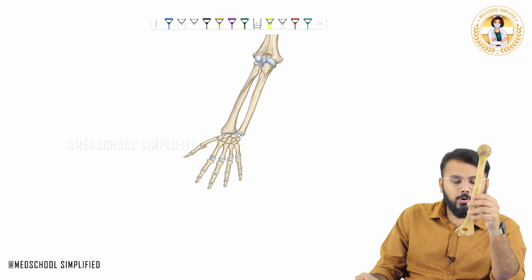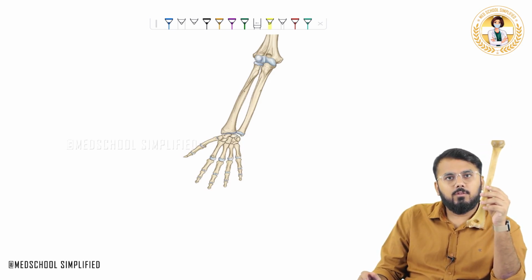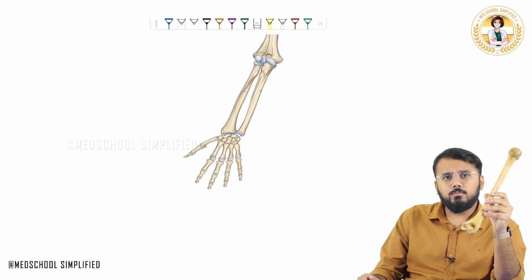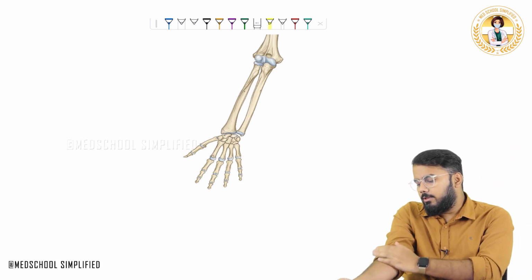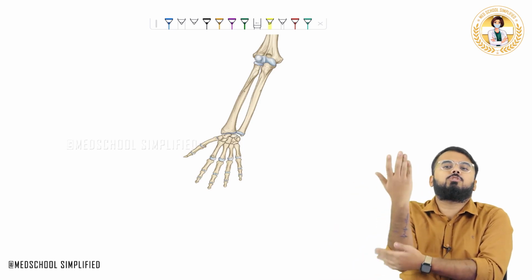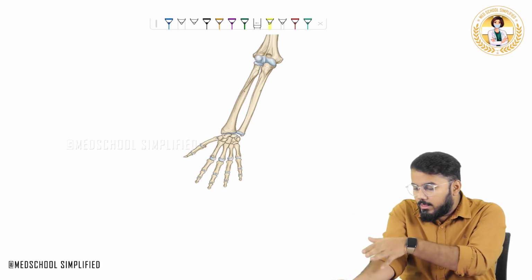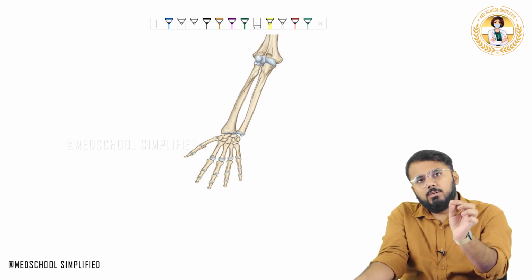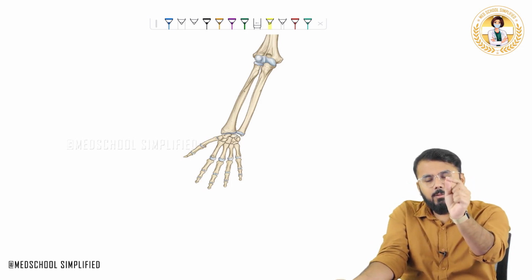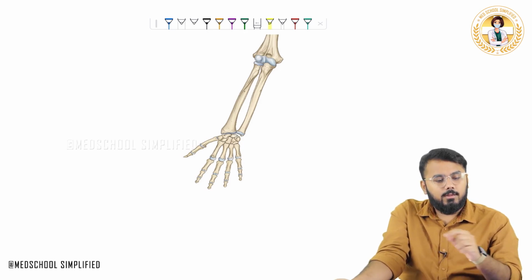Now the important thing to know is that all your flexor muscles, I told you, remember, the anterior compartment is all flexors, the posterior compartment is all extensors. So all these flexors have a common origin. I mean, all of them originate from a single point, that is your medial epicondyle, right?